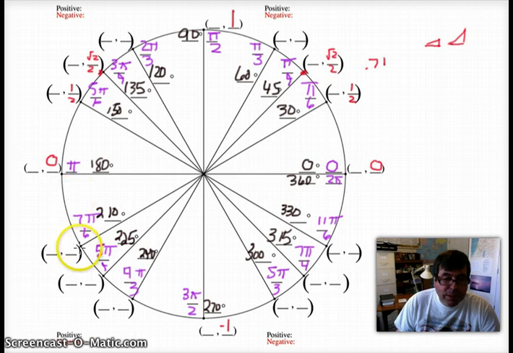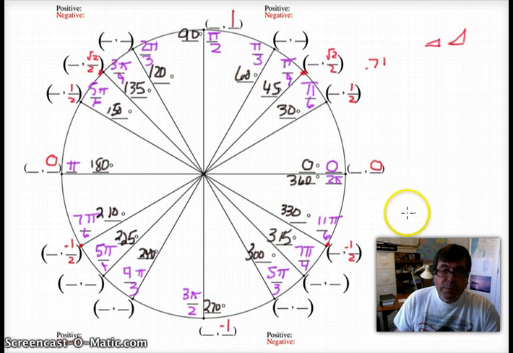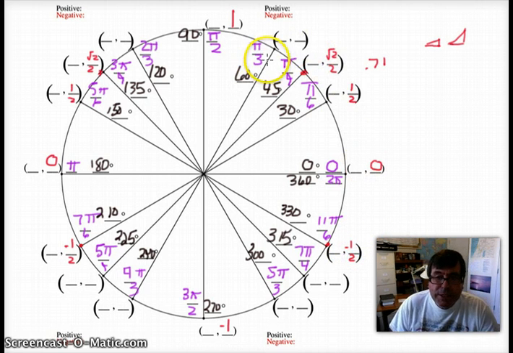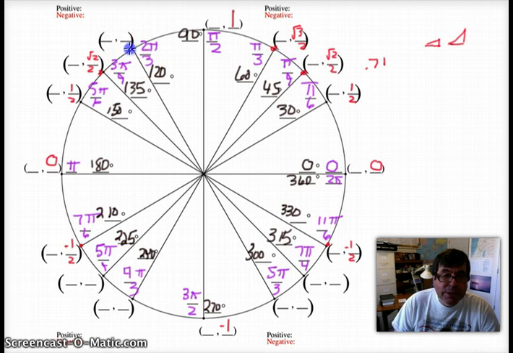Now these values are the same height from the x-axis, but in a negative direction. So I'm just going to put negative 1/2 here and negative 1/2 here. Now, this is a 60-degree angle here, so it's radical 3 over 2. Go back and review your special triangles. That height is also over here, radical 3 over 2.